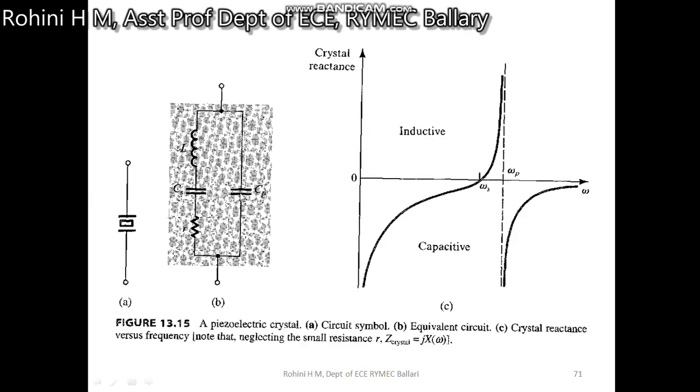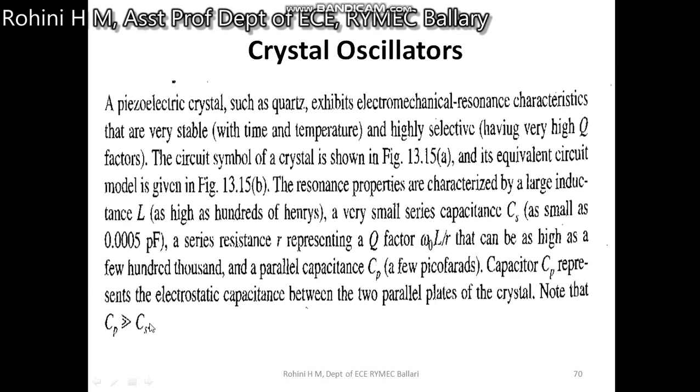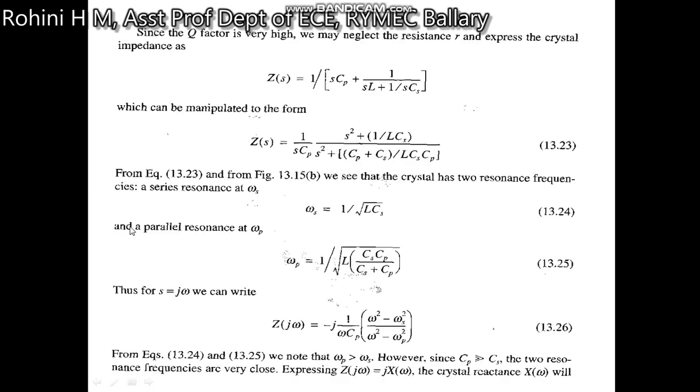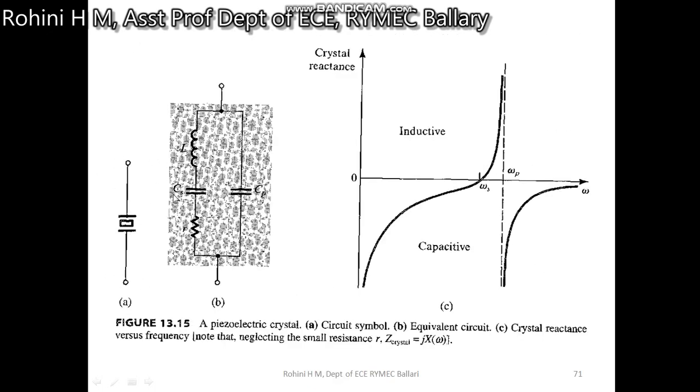Here CP is the parallel capacitance and CS is the series capacitance, which is connected in series with the inductance L and the small resistance R. Here is the circuit symbol for the crystal oscillator.